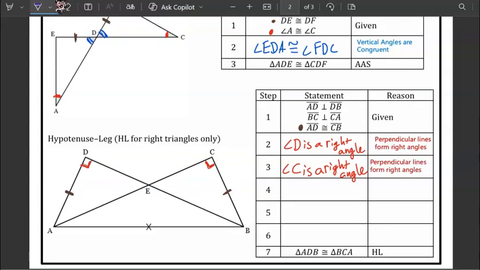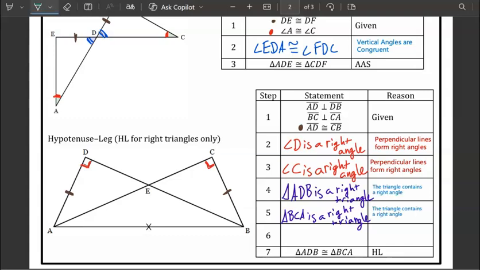And then from here, we can state that triangle ADB and triangle BCA are right triangles because they contain a right angle. And then the reason is the triangle contains a right angle.